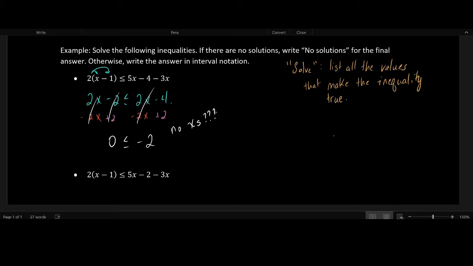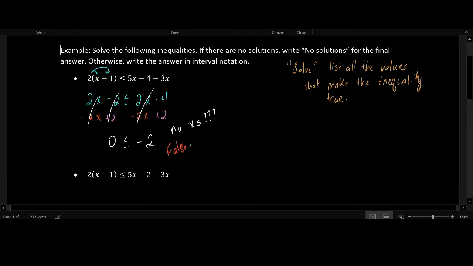This inequality is either always true, true for all possible values of x, or always false, false for all possible values of x. Well, let's see. Is 0 really less than or equal to negative 2? No, because 0 is larger than negative 2. So this is false for all possible values of x.